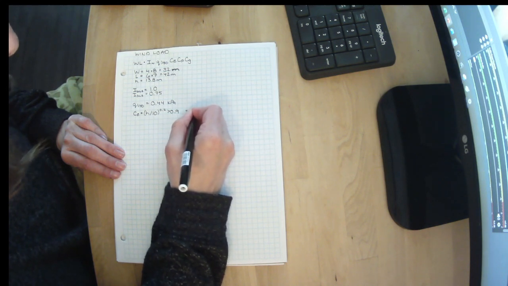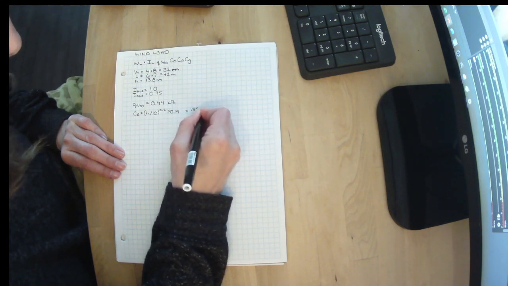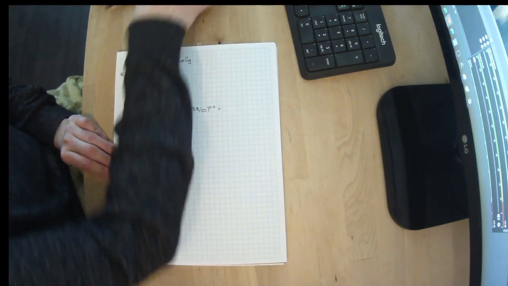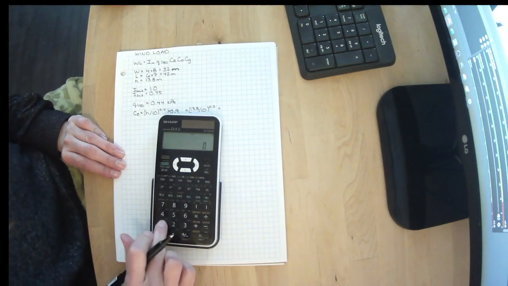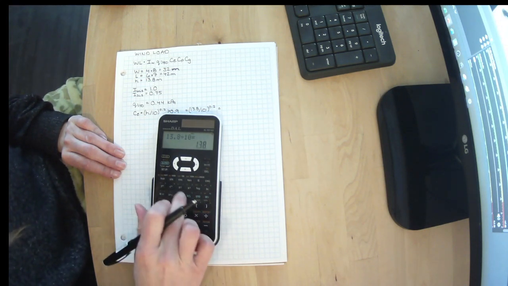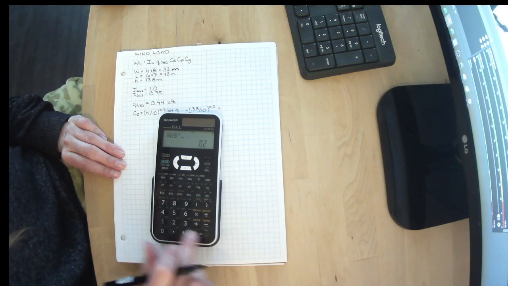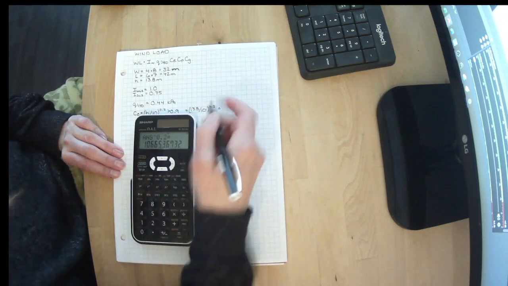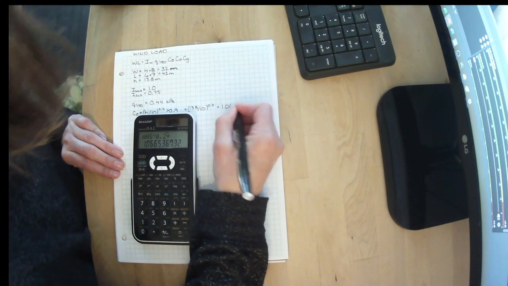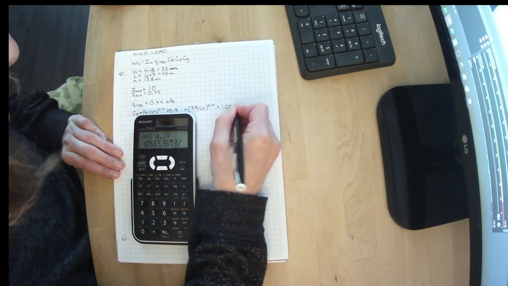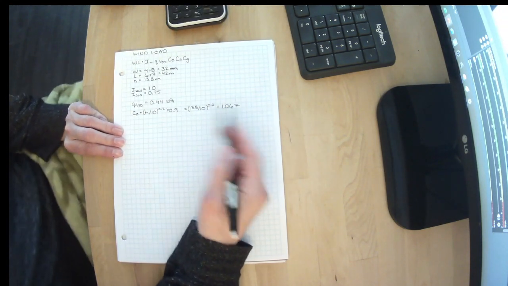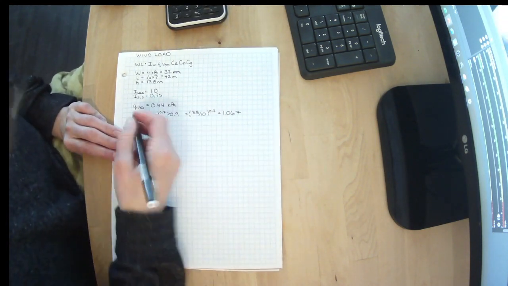We have 13.8 divided by 10 to the power of 0.2. 13.8 divided by 10 gives us 1.067. And it is greater than 0.9, so that seems great. We're ready to go there.